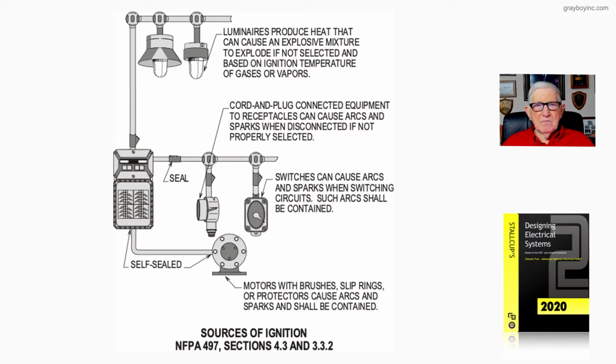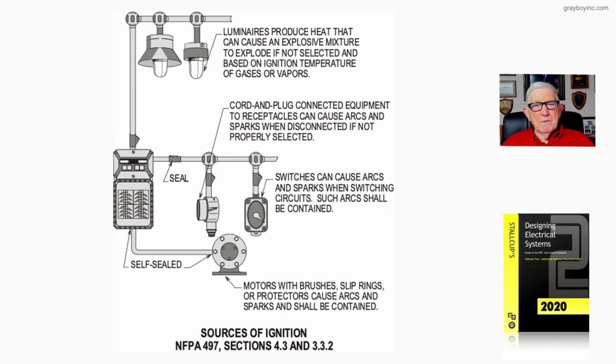If you're a Class 1 Division 2 fixture, it is the outer lamp that you have to make sure doesn't heat beyond the ignition temperature of the gas or vapor, the 80% rule. If it's say an explosion-proof type fixture in Class 1 Division 1, then naturally it's the metal that can exceed the ignition temperature of the gas or the vapor.